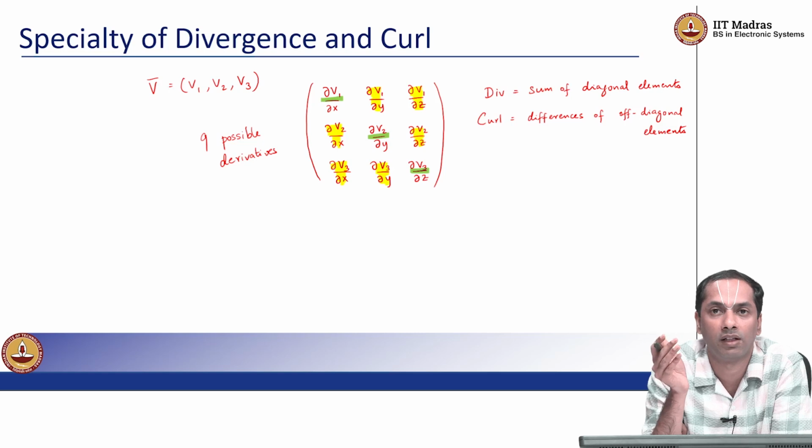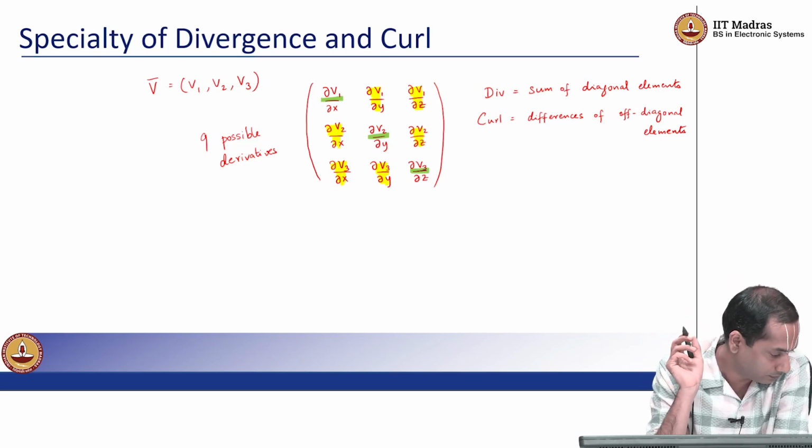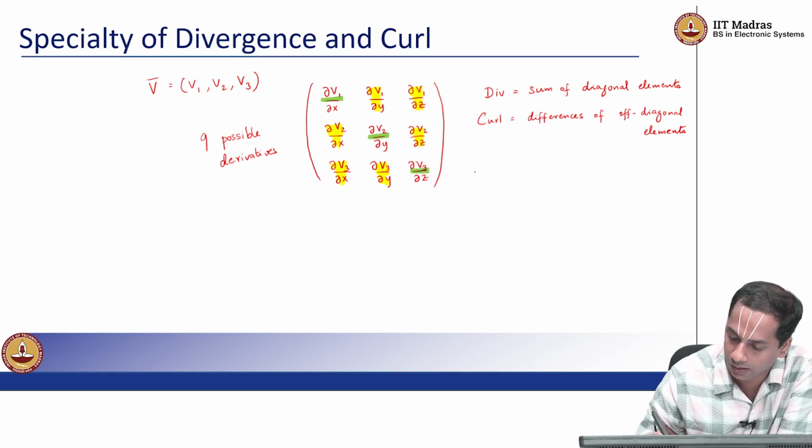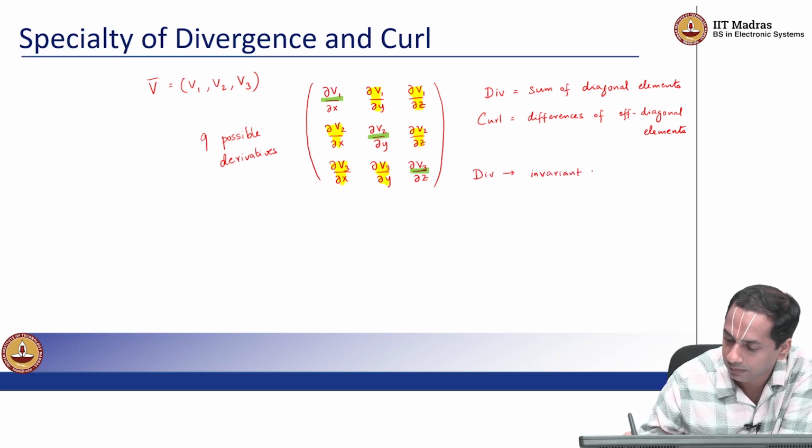What this means is, even if I were to rotate the axes, I do not expect the value of this trace, or the divergence, to change. So the divergence is invariant under similarity transformation.